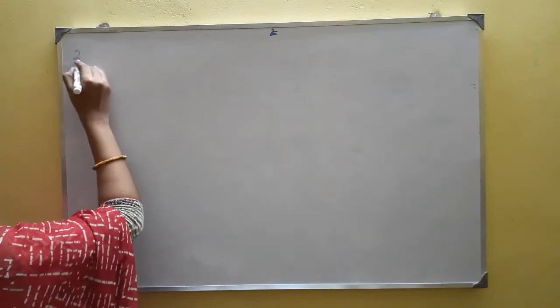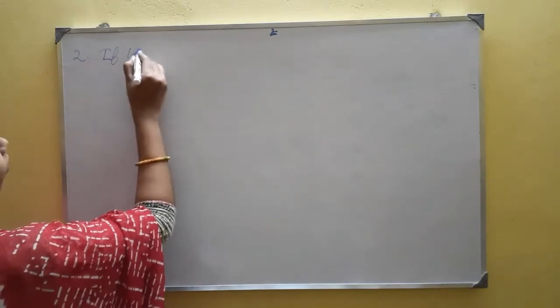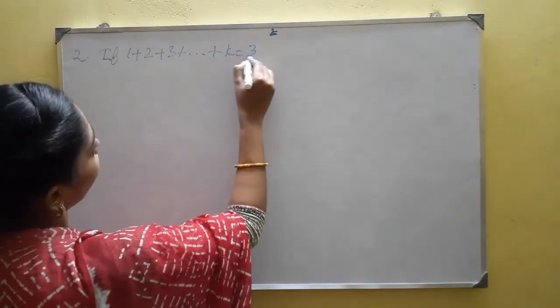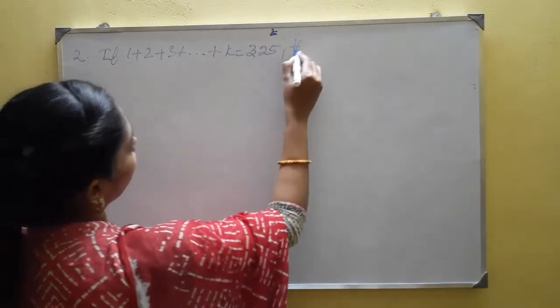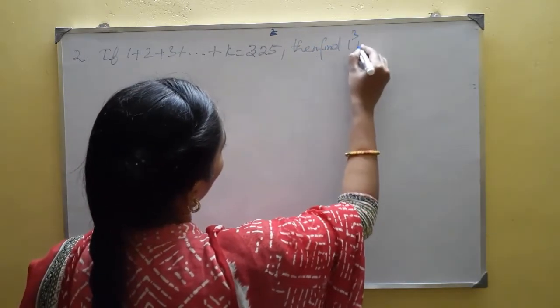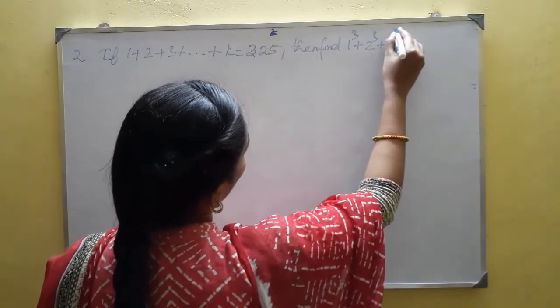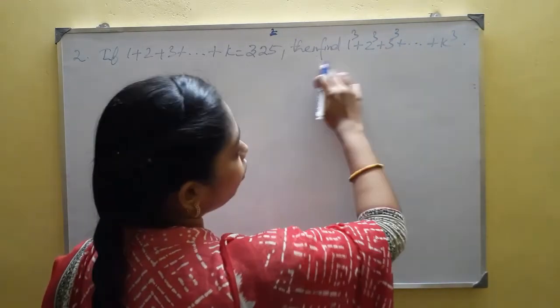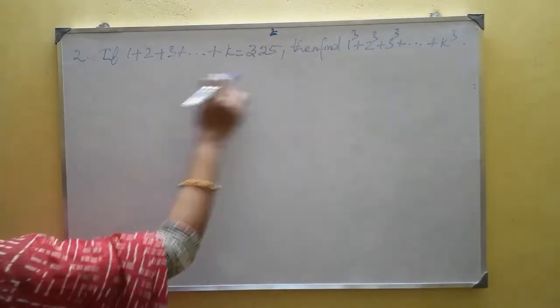Now the second problem. If 1 plus 2 plus 3 goes on up to k equal to 325, then find 1 cube plus 2 cube plus 3 cube goes on up to k cube. This is what you are asked to find, and this is the given part.